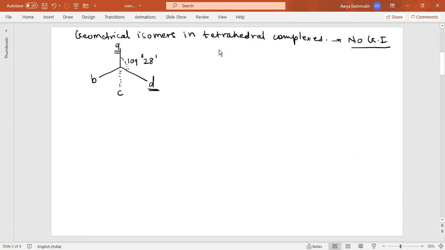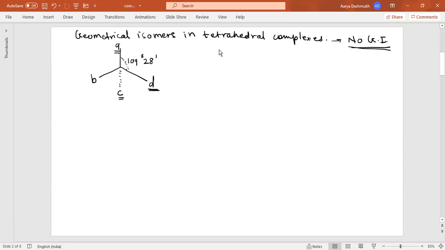As there is no change even if you flip the ligands, geometrical isomers are not possible in tetrahedral complexes.